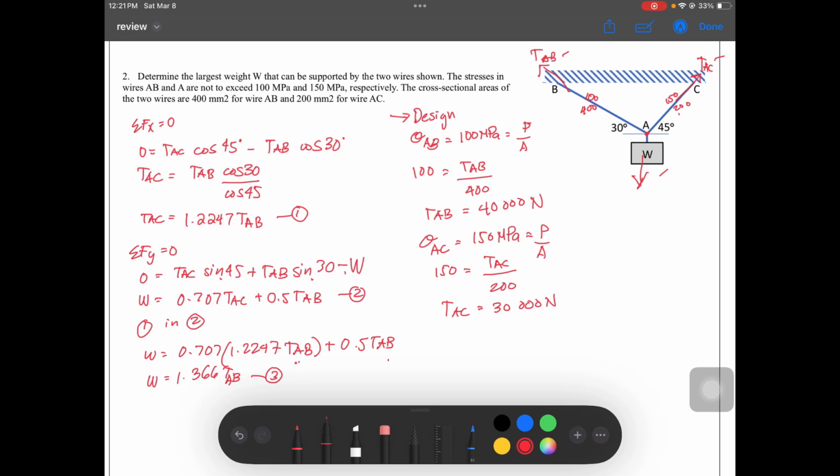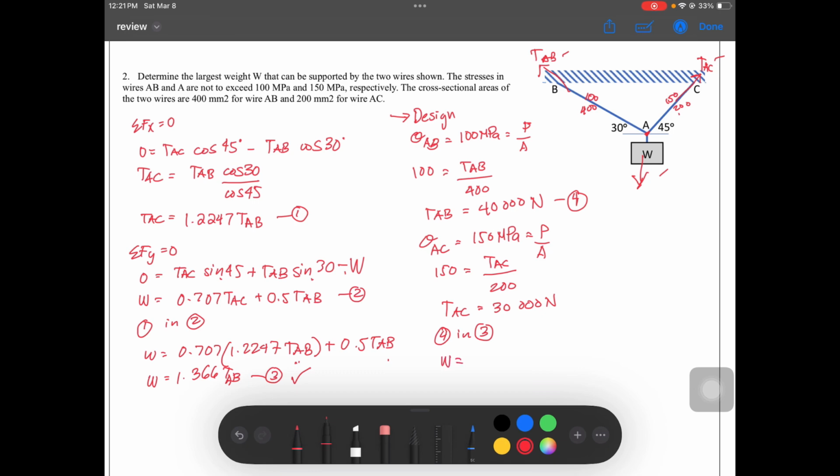Sino muna? Substitute natin itong number 4 or si TAB into equation 3, which is this one. So, substitute natin si TAB, equation 4, in 3.